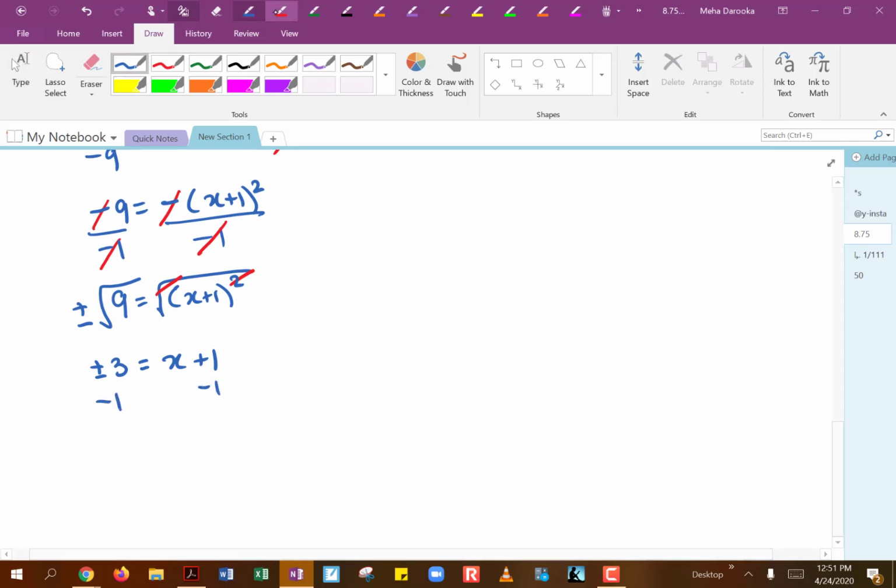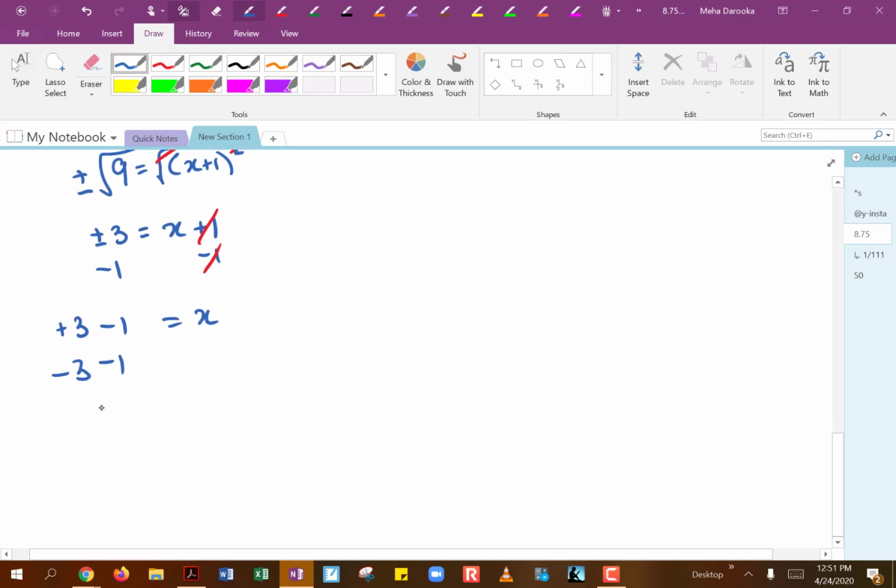Subtract the 1, and we should come up with two different answers for our x. So that will be +3 minus 1 and -3 minus 1. And what will that give us? So let's see, we should end up getting 3 minus 1 should be 2. -3 minus 1 should be -4.